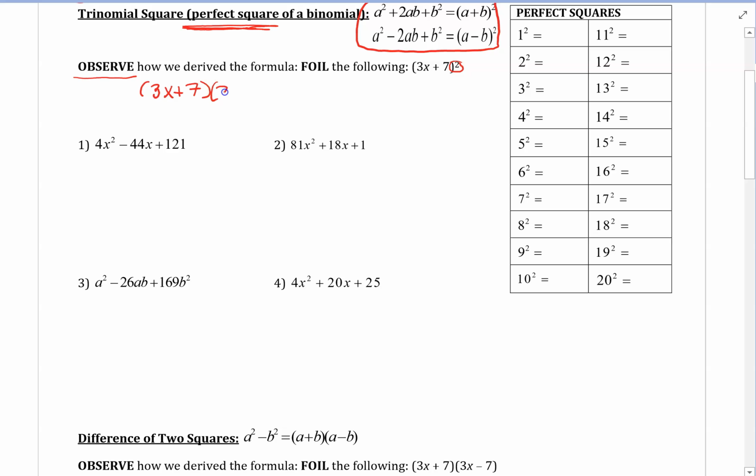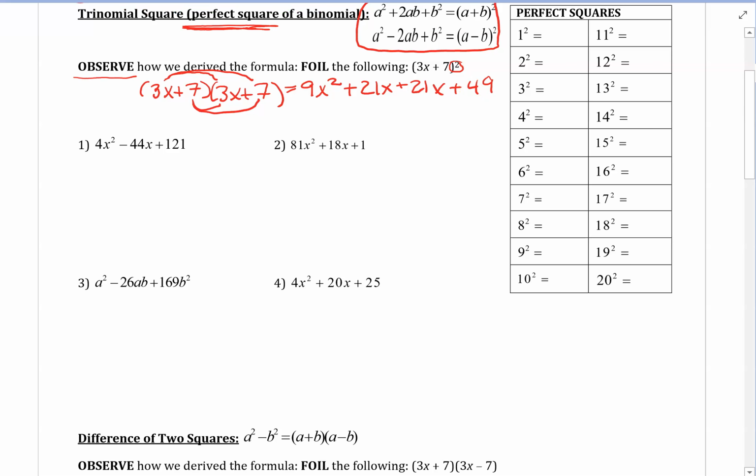Squaring a binomial means you write it twice and FOIL. So we do first to first, 3x times 3x, and we get 9x squared. And then 3x times 7, we get 21x. And then that happens again: 3x multiplies to 7, you get 21x. And then 7 times 7, so basically it squares, and you get 49.